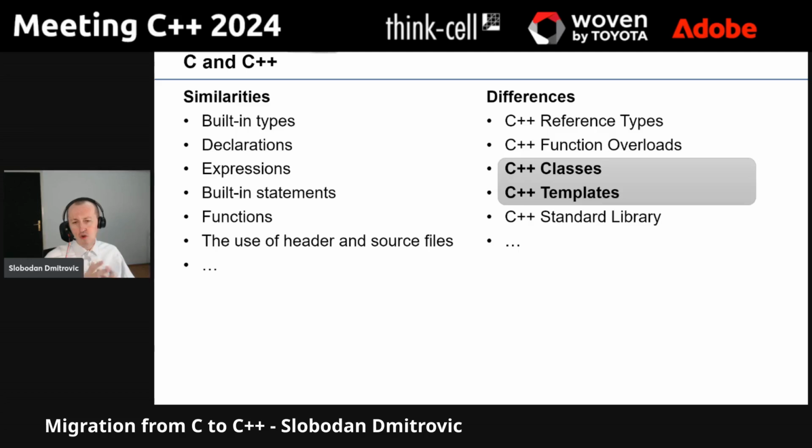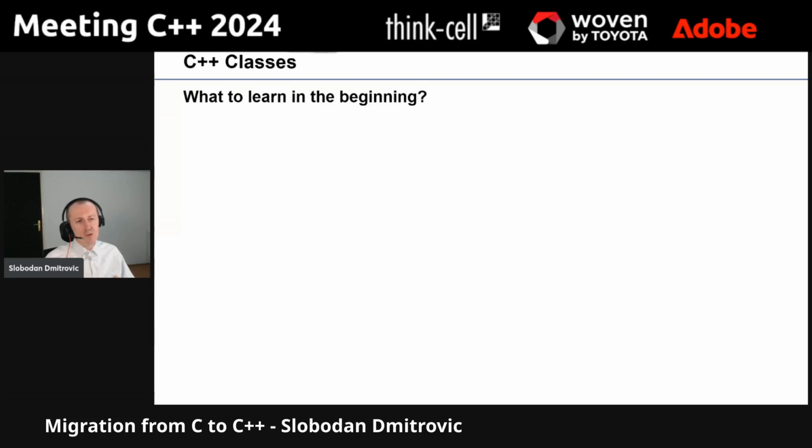So when coming to C++ with a C background, you should look at these two as the biggest differences between the two. Okay, so when it comes to C++ classes, what should we learn in the beginning?